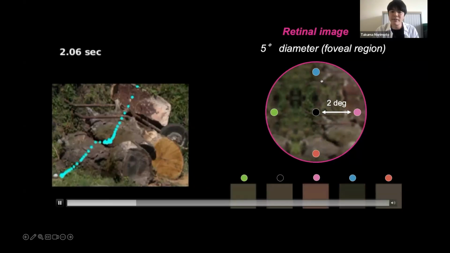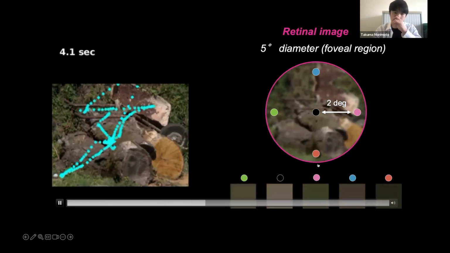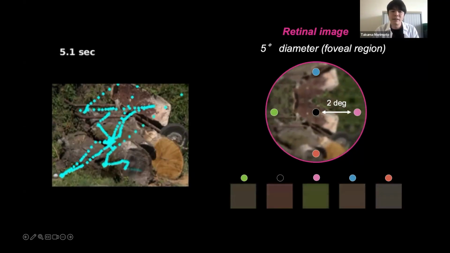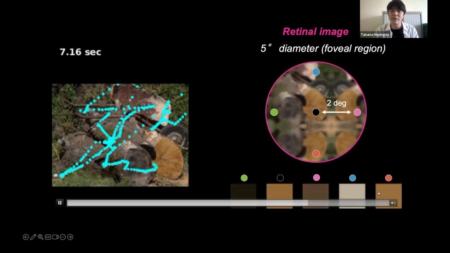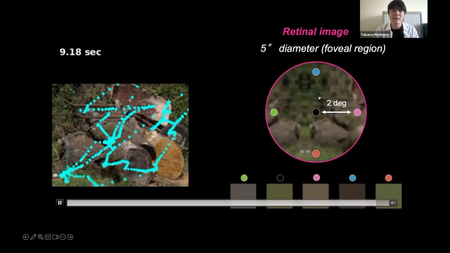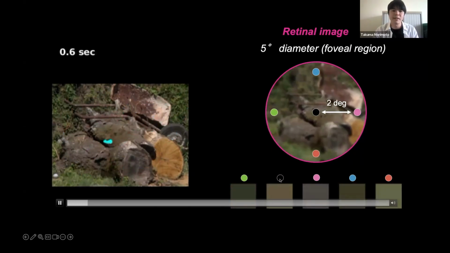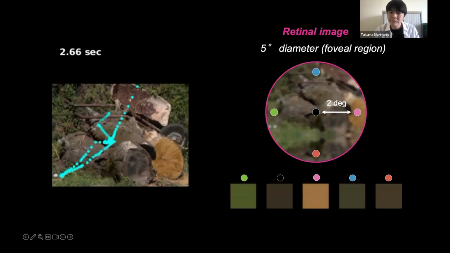And in this retinal image, we assumed 1 pixel corresponds to 1 set of LMS cones. Here I'm tracking colors sampled at 5 different locations on the retina, shown like this. The center of the fovea is here, and so on.